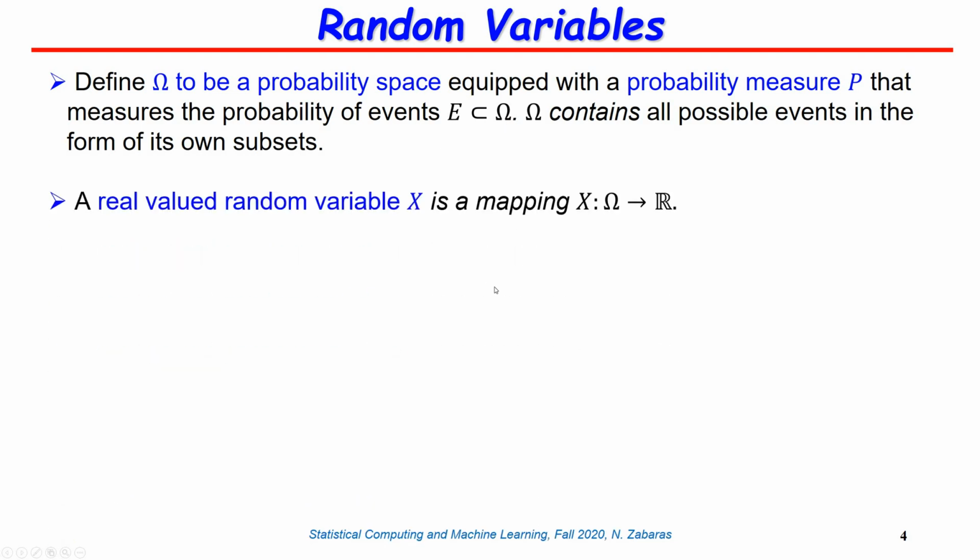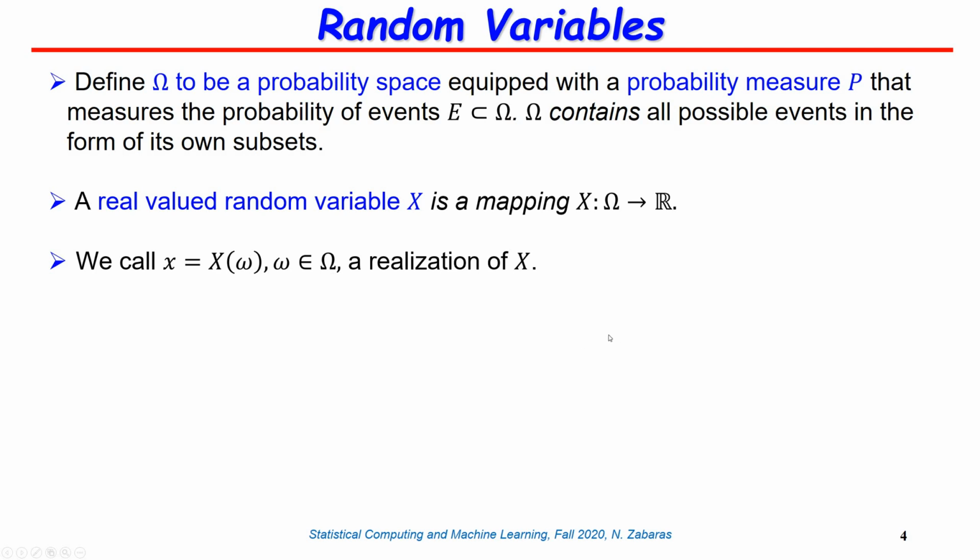So notation first. A random variable is a mapping from the sample space to the real line. So we're only interested in real-valued random variables. And the notation we're going to use is little x to denote a realization of the random variable X for the event omega in capital Omega.